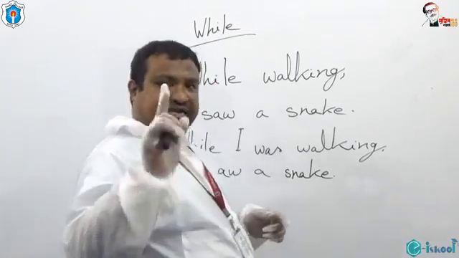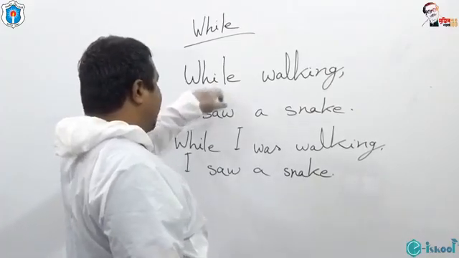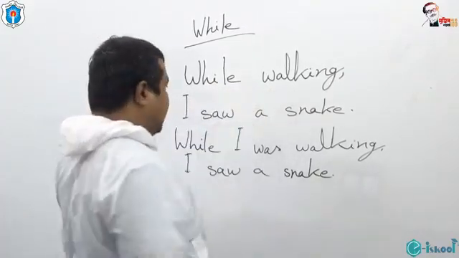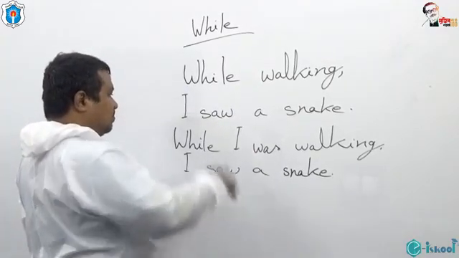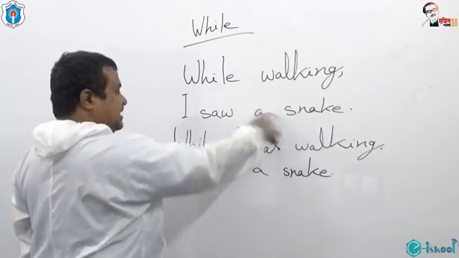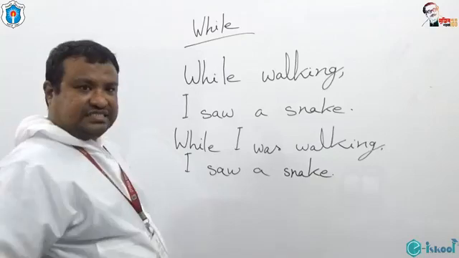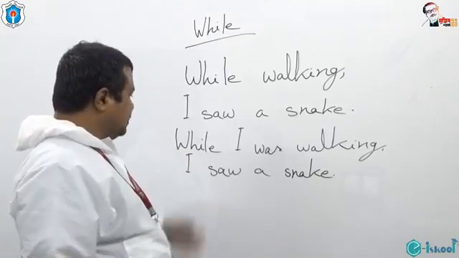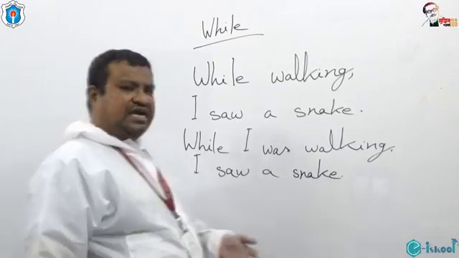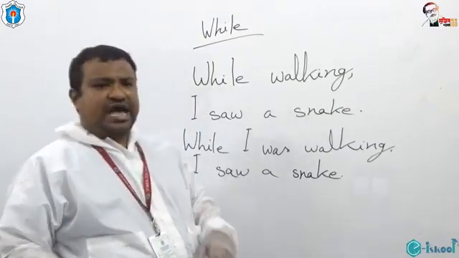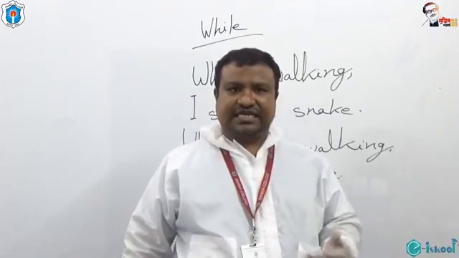The particular structural difference is when we are using while walking, I am saying that I saw a snake, a full sentence at the principal clause portion. When I am saying while I was walking, again I am using I saw a snake. So at the principal clause portion there will be basically no change.